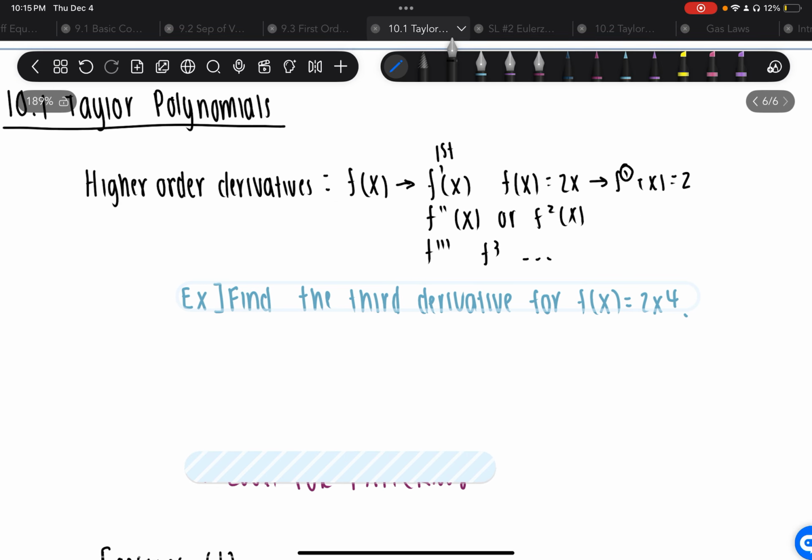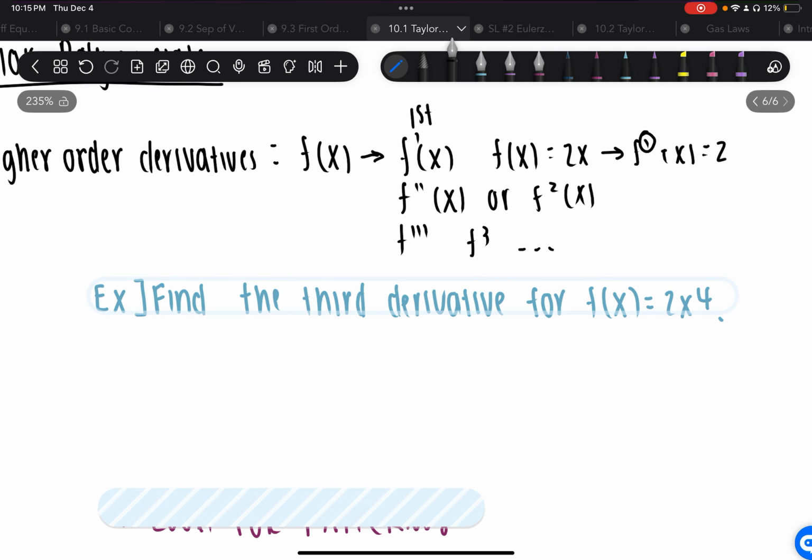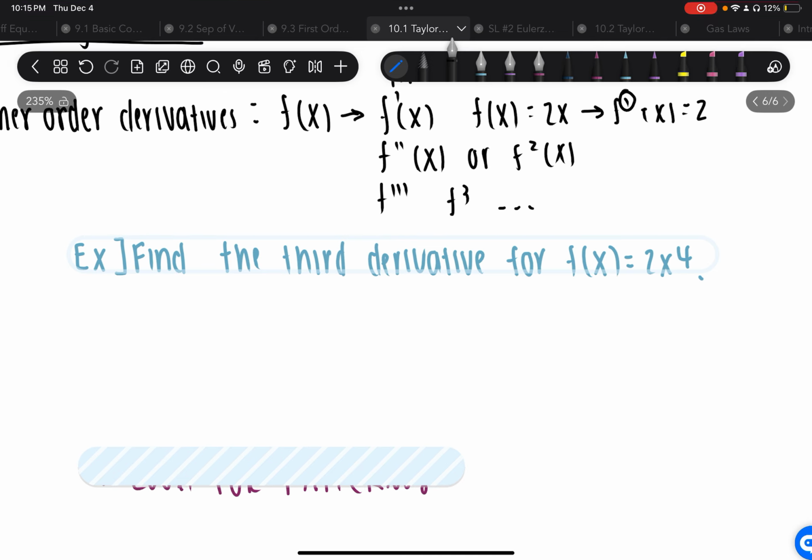So, for example, if we are trying to find the third derivative for f of x equals 2x to the fourth, the first derivative would just be using our power rule: 4 times 2 is 8x to the third. Our second derivative would be 24x squared.